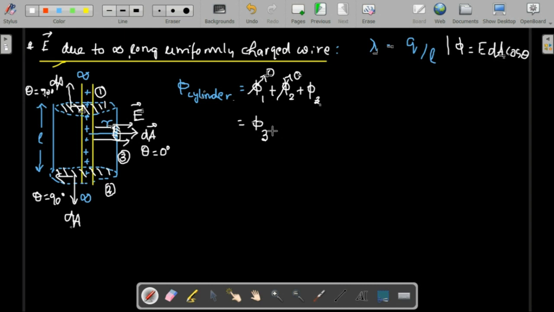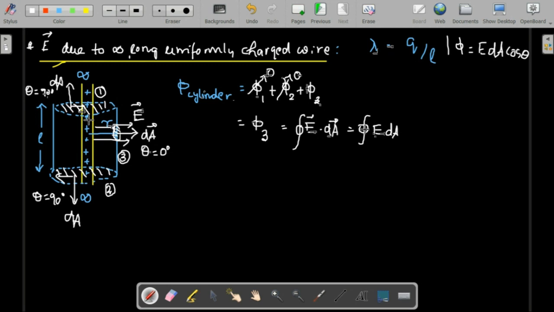So that's simple, right? So what we can do is simplify this. We can say that a small flux would be E dot dA, and the total flux would be the integration of this. Obviously, we are going to consider it to be a closed surface. So E dot dA, angle is 0, cos 0. So I can simply write it down as a scalar, which is E dA. But the electric field is uniformly distributed.